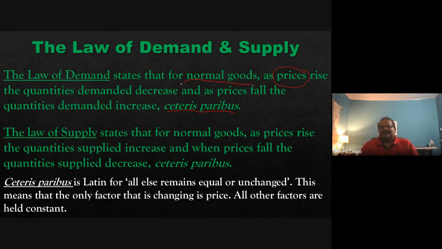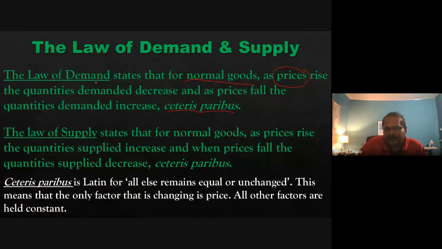Making sense? So, in essence, what I'm trying to say to you is that for a good to be normal, it actually holds to this law of demand. You follow me? So normal goods are classified as those that follow the law of demand.